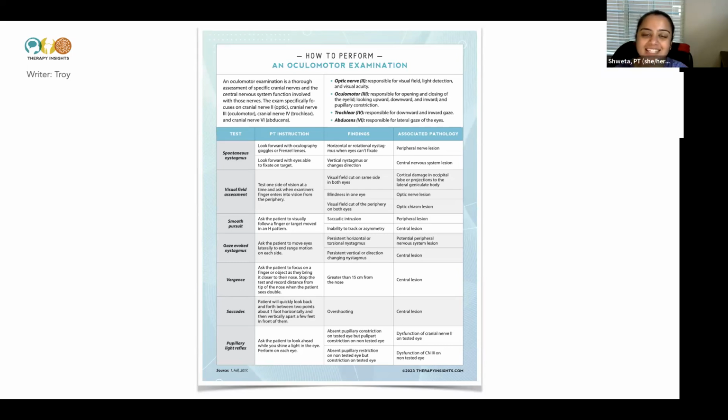I know we're going to be talking about our case later on, but I feel in a way this is a good start to that case, because when you are in the initial stages of doing a vestibular examination and you're still trying to differentiate and screen and narrow down as to what treatment you're going to go forward with this patient, the oculomotor examination is very important in the early stages before we really get into testing. So I think that this works out great as a reference to use in situations like that.